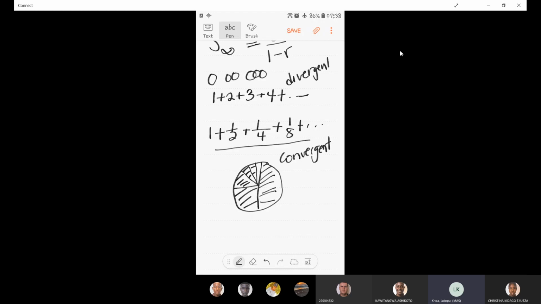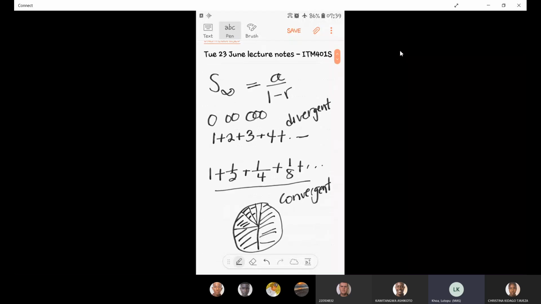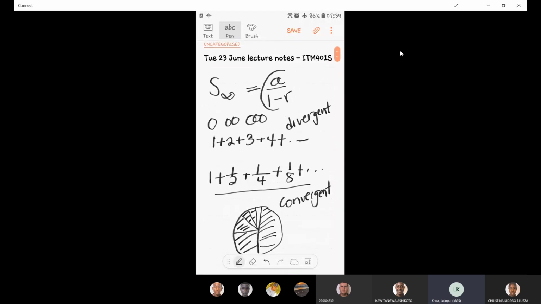So divergent means it doesn't approach a specific number. Convergent means it goes towards a specific number. If you keep adding, you can even try it on your calculator, add the first 20 terms, add the next one, you can see these numbers are getting closer and closer to a specific term. So the formula, like I said, is given by this, and this is for a geometric progression.